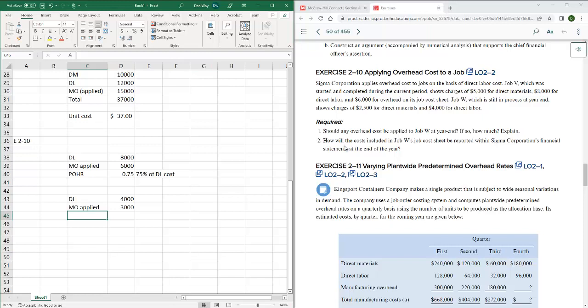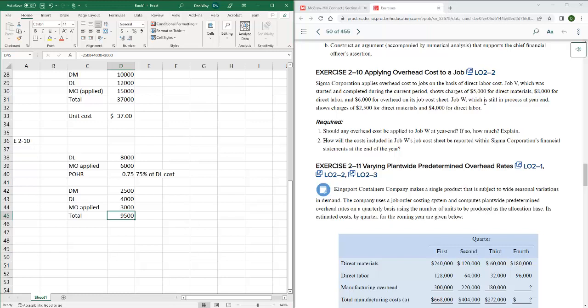Now the second question said, how will the costs included in job W's job cost sheet be reported within Sigma's financial statements at the end of the year? Let me add the direct materials that job W was showing on the job cost sheet at $2,500. So the current total costs assigned to job W, which is still in process, are made up of the $2,500 in materials, the $4,000 in labor, and now the $3,000 in overhead that we've applied, for a grand total of $9,500.